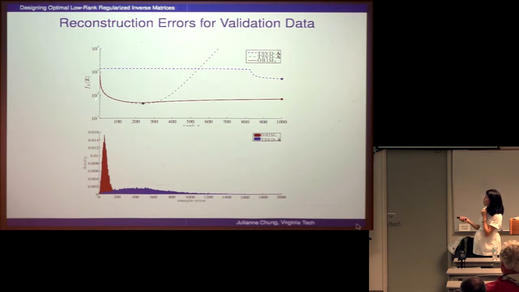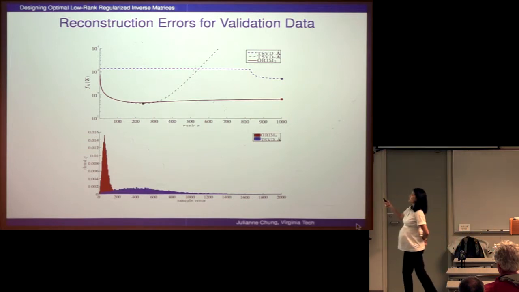The red line corresponds to the optimal regularized inverse matrix, and the nice thing is that you can see you actually can get reconstruction errors which are similar to the TSVD case, even though in this case we don't have to have A. We just need the training data.